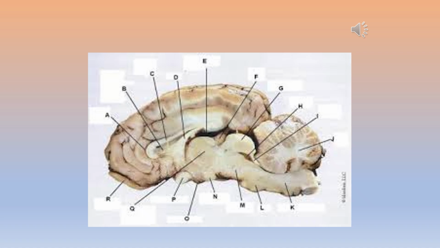Letter F, that is pointing to the pineal gland. The pineal gland is the gland that makes melatonin. We will talk about that when we get to the endocrinology chapter. Okay, moving to letter G, that is just posterior to the pineal gland.